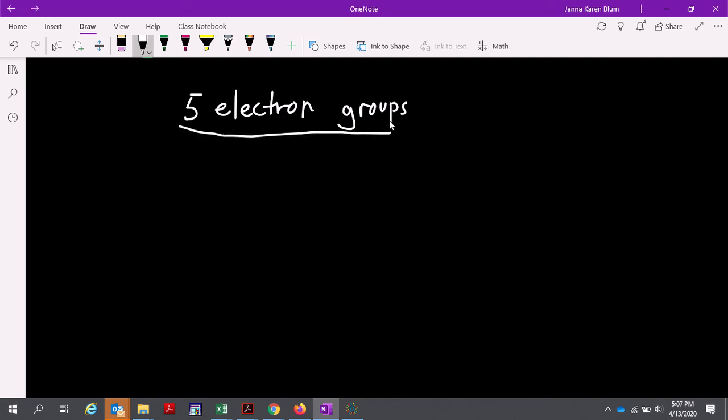Moving along with this, we're going to look at 5 electron groups. I'm going to speed this up a little bit so you get the idea. So for 5 electron groups, again, I'll start with an example. We'll look at phosphorus pentachloride.